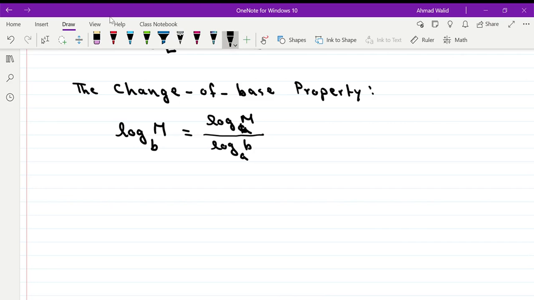Remember that there is a formula by name change of base, correct? I'll stop the lecture here and see you all next time in section 4.4, which we will discuss exponential and logarithmic equations. They are really, really interesting. I will discuss it with you in section 4.4.